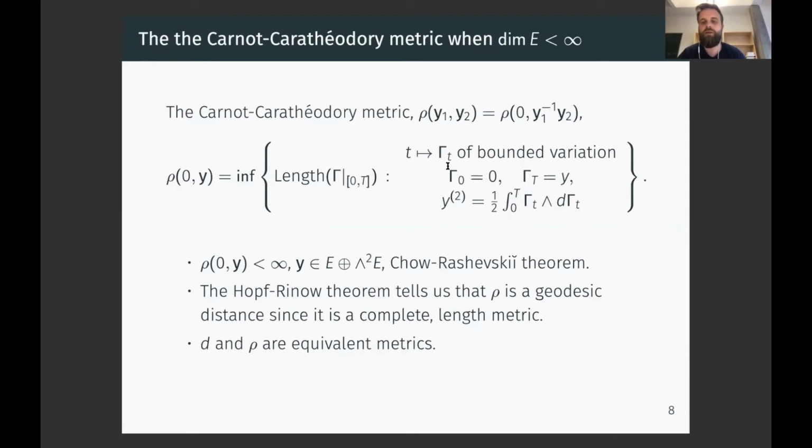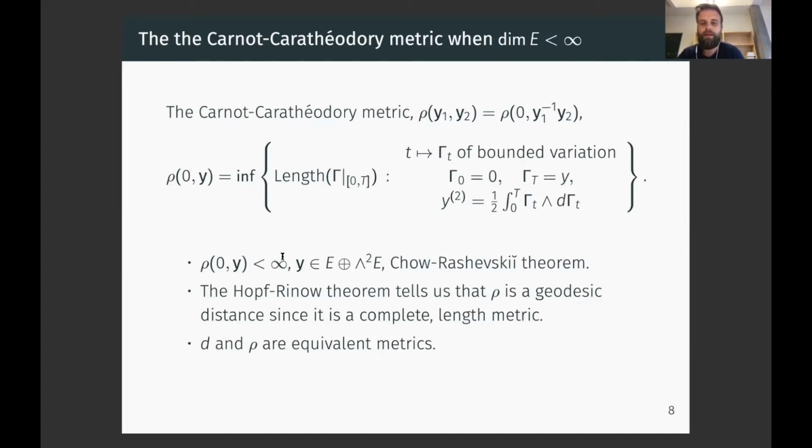So I have a curve of bounded variation. It goes from 0 to this point here. And its integral is exactly what you want in the second order term in the tensor. So what is the smallest length I can have from this?